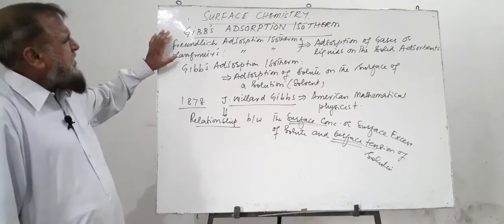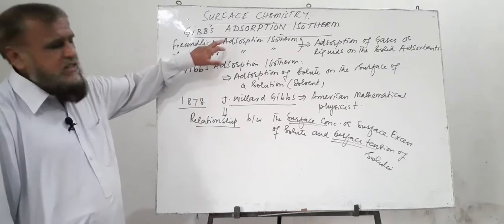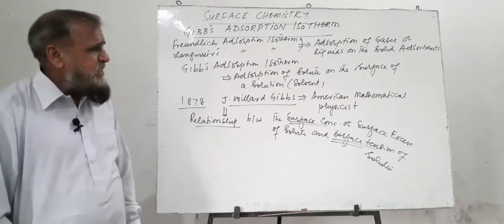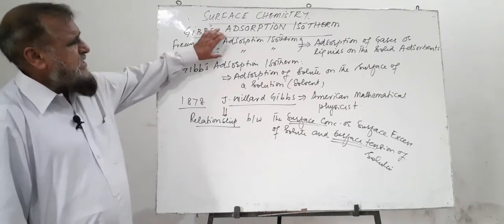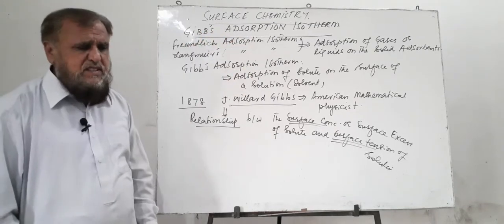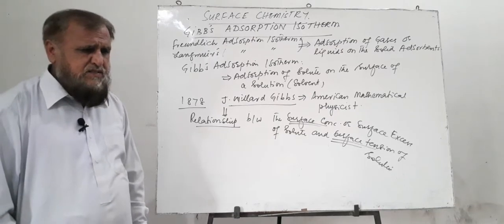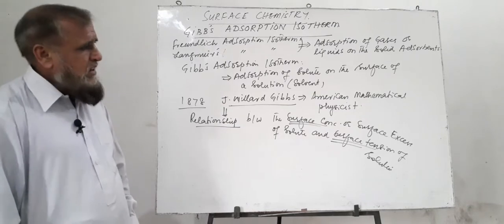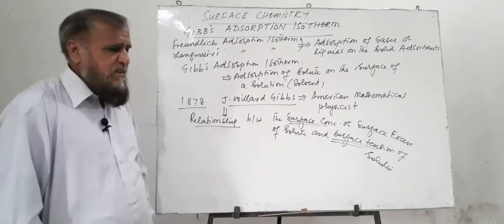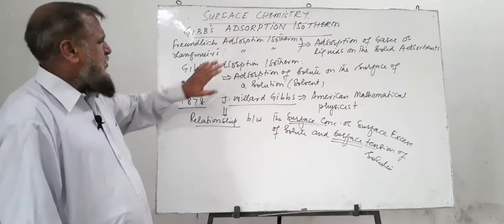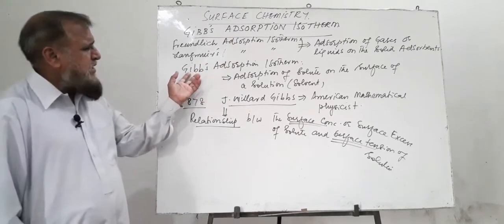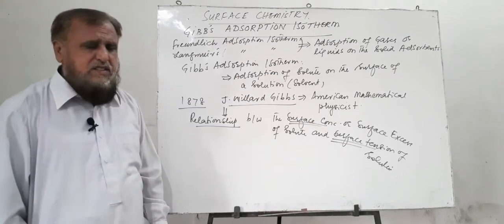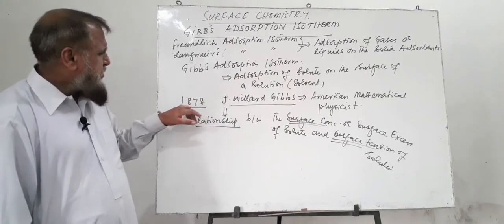Dear students, up till now we have discovered Freundlich adsorption isotherm and Langmuir's adsorption isotherm, and these two isotherms specifically deal with the adsorption of gases or liquids on the surface of solids. For example, the adsorption of carbon dioxide on charcoal or the adsorption of acetic acid from solution on the surface of charcoal. But Gibbs adsorption equation deals with the adsorption of solute on the surface of a solution or pure solvent.